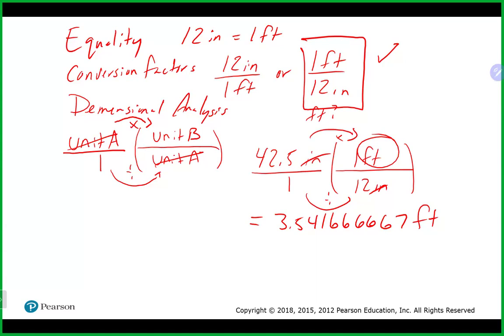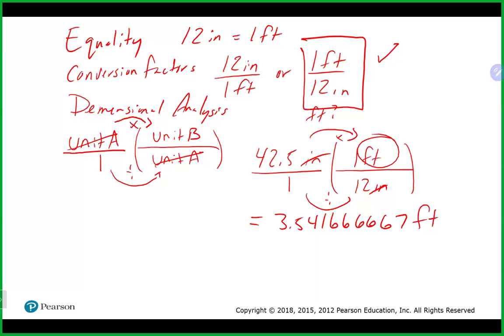So the only time we really, in a lot of cases, have to worry about a conversion factor is if we cross over from metric to English type conversions. But if you say English to English conversions or metric to metric conversions, they will essentially be an exact number. You don't have to worry about it.